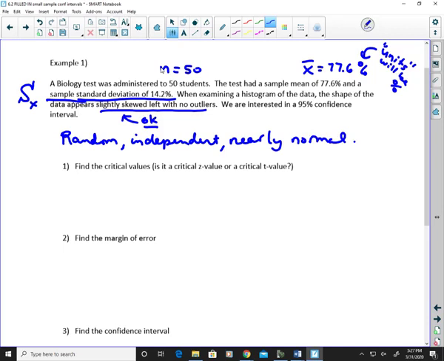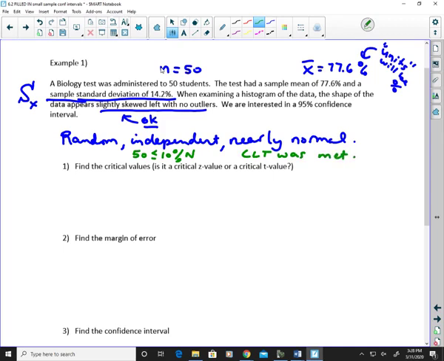And I could say yes to all of those things because I would say if you had more than 50 biology students at a large college, there would be. And it is nearly normal because they said that it had no outliers, but also CLT was met. So that's why this book would have gone with a critical Z.